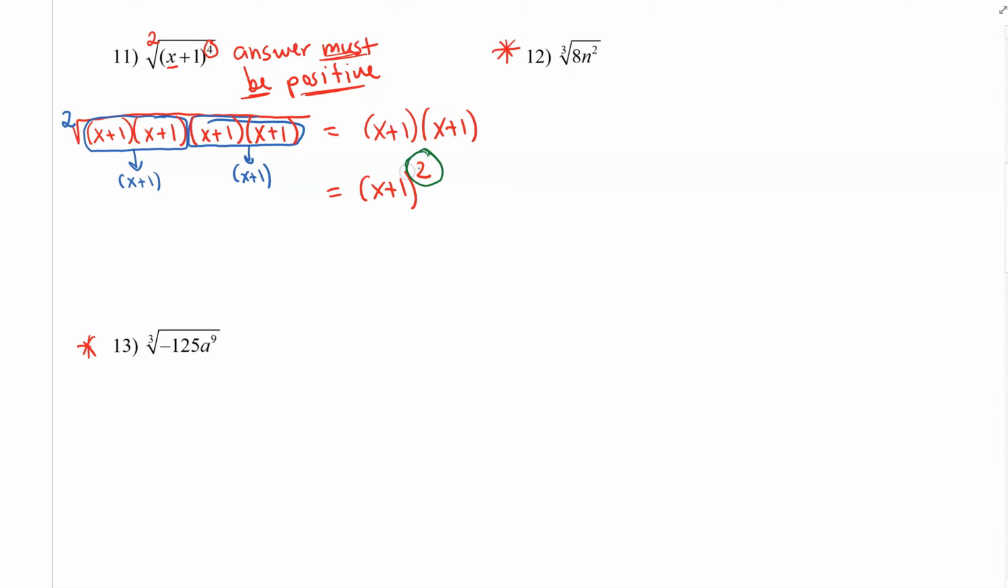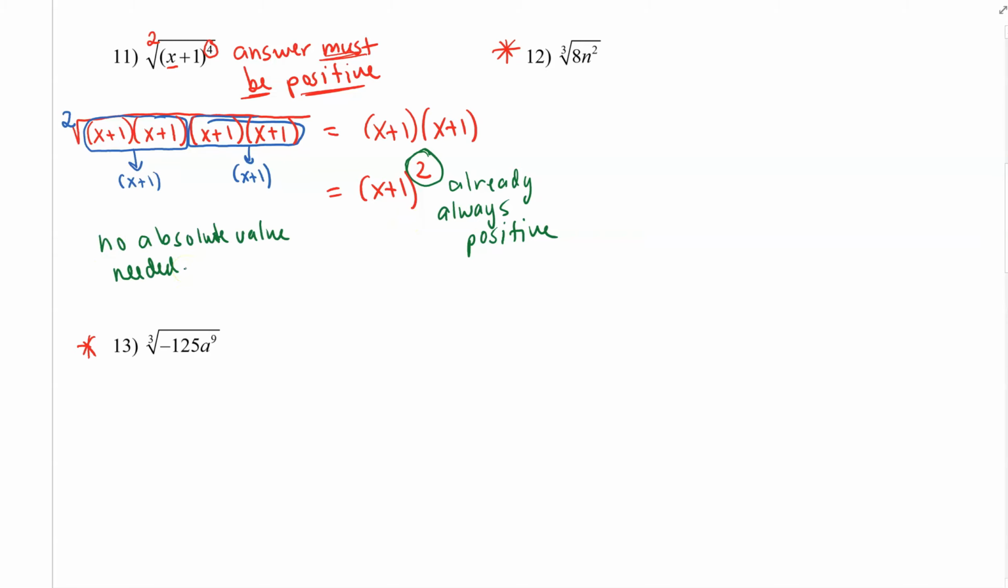Squaring something, by the way, is another way to keep it positive. So x plus 1 squared is already always positive. So I don't need to worry about using absolute value because this is already positive. I don't need to make something negative positive. So no absolute value needed here.